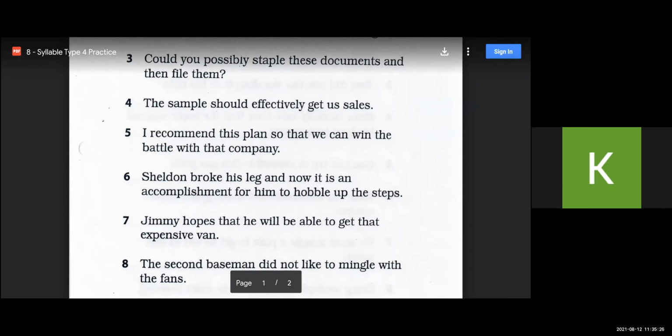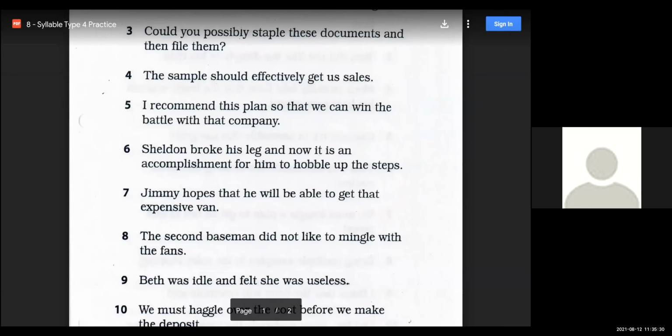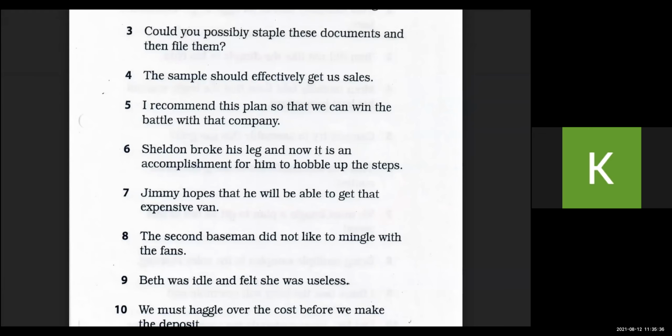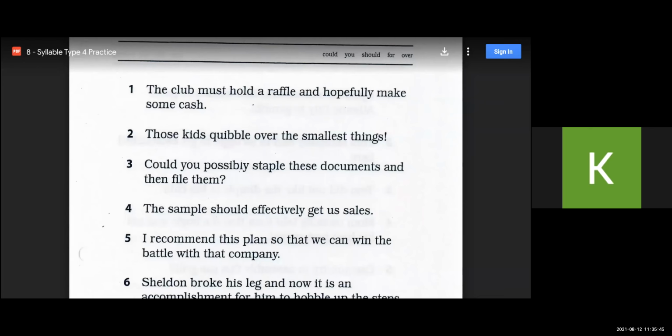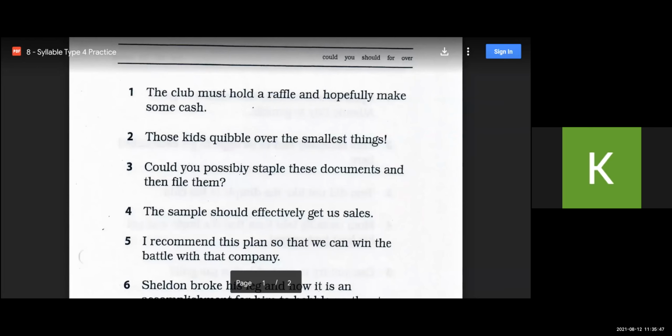Is it your screen or mine? Hello? Is it your screen? Yes, it's my screen. Okay, then start from number 1. Number 4 or number 1? Number 1. Okay.